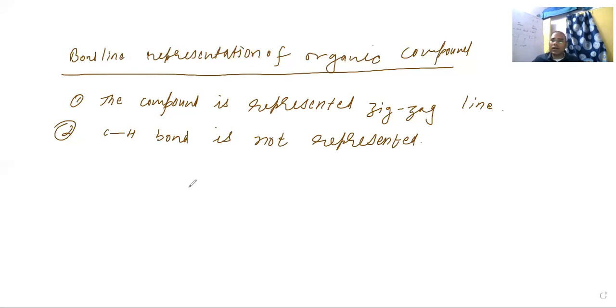What would be the terminal carbon and what would be the non-terminal carbon, and how will the structures look? Suppose I am taking the compound C5H12.